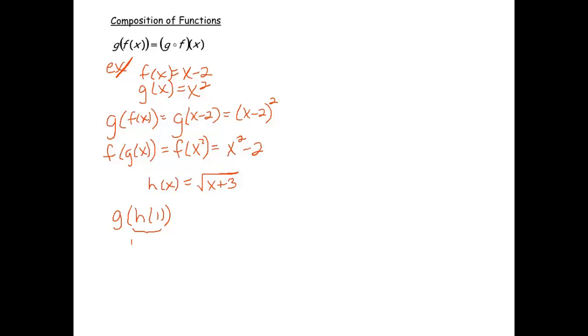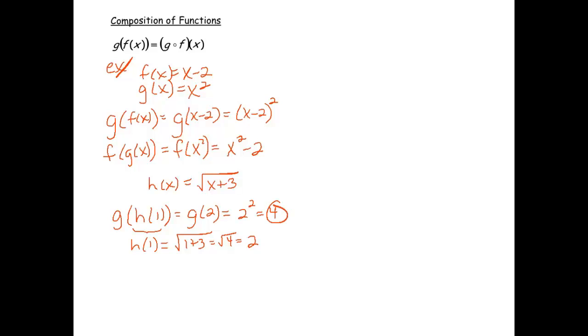Let's evaluate h of 1. So that means I'm substituting 1 in for x in the h of x equation. So that's the square root of 1 plus 3. That's the square root of 4, which is 2. So really, this is saying, what is g of 2? G of 2, let's just substitute 2 into x squared, and we'd get 4.